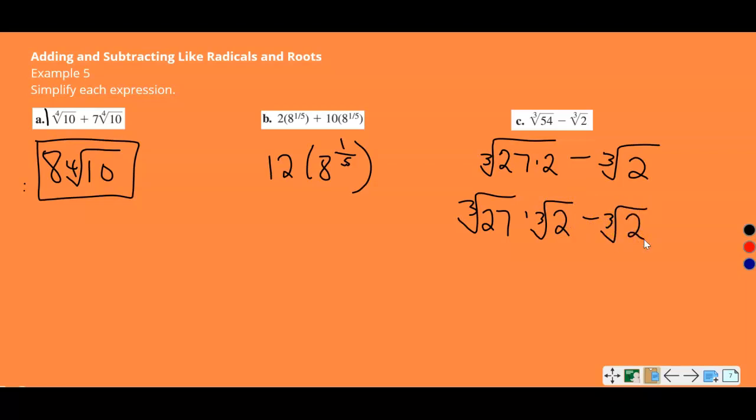And again, the cube root of 27 is 3. And then we've got the cube root of 2 minus the cube root of 2. So we've got 3 times that cube root, and then minus 1. So 3 cube roots of 2 minus, again, if there's no coefficient, you assume it to be a 1. So basically 3 minus 1 is 2 cube roots of 2.